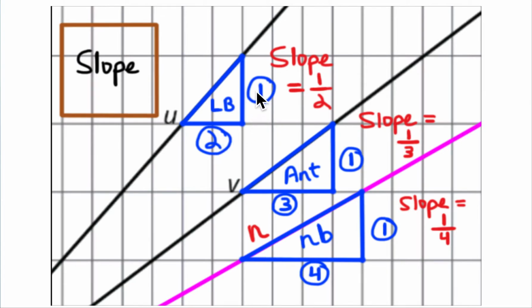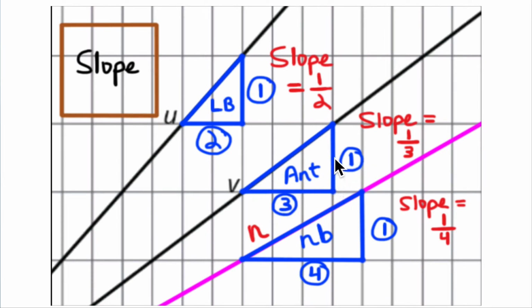So notice that even though the slope is 1/2, this line looks a lot longer than this line, but you want to look at the unit, the time. The time is 1 second and the distance is 2 centimeters. So the units are half. The units in this case are 1/3.